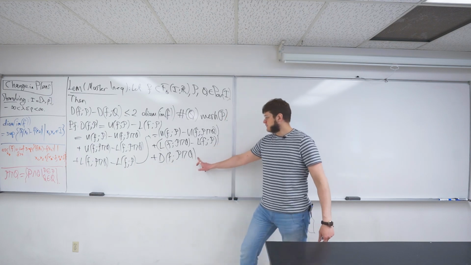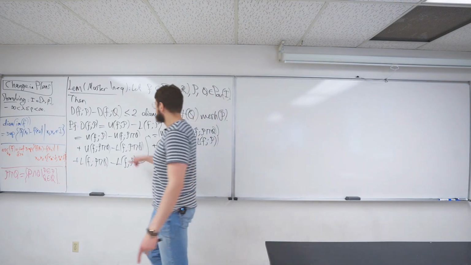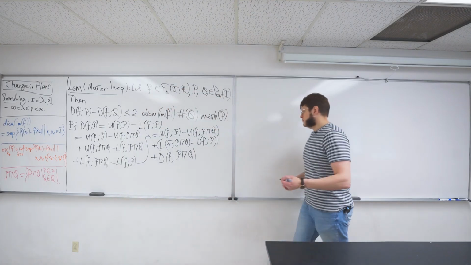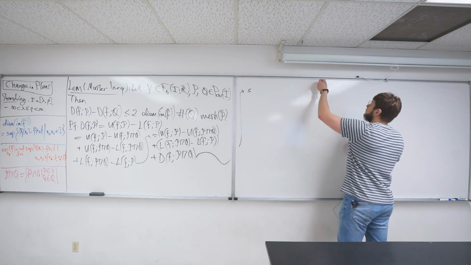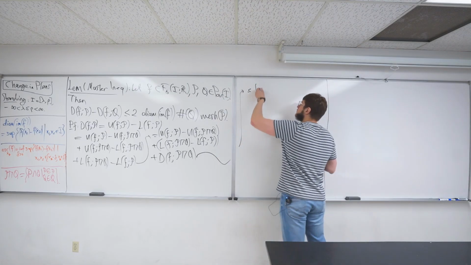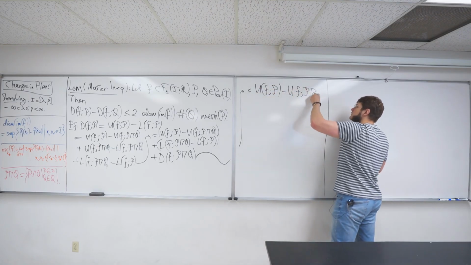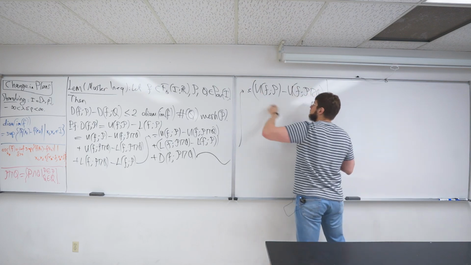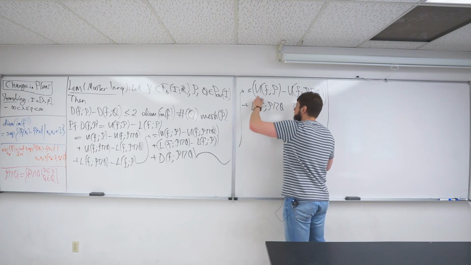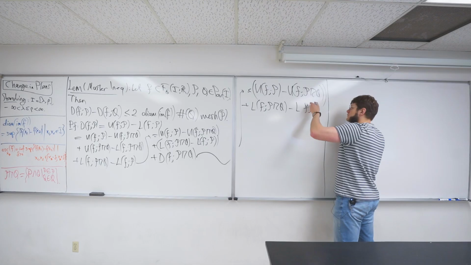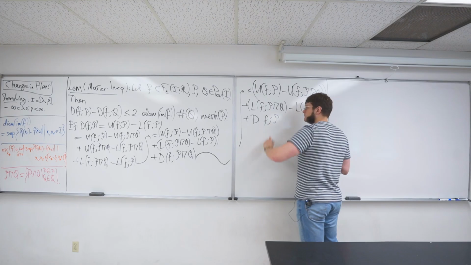I can upper bound this by the Darboux sum associated to Q. This is upper bounded by d of f comma Q. I'll write it here. So first term plus second term, Q.